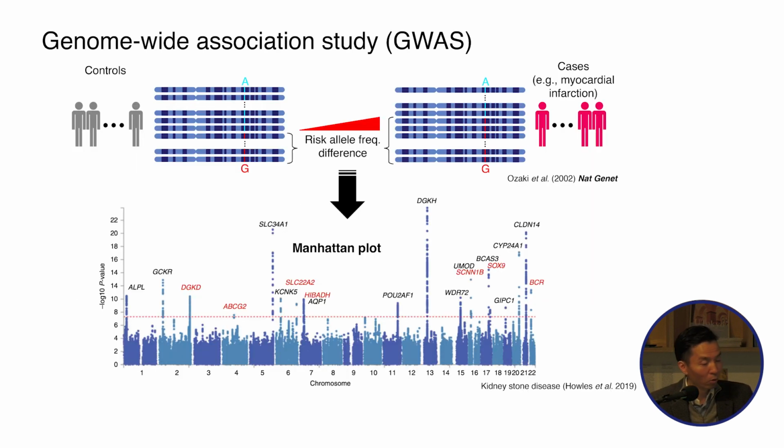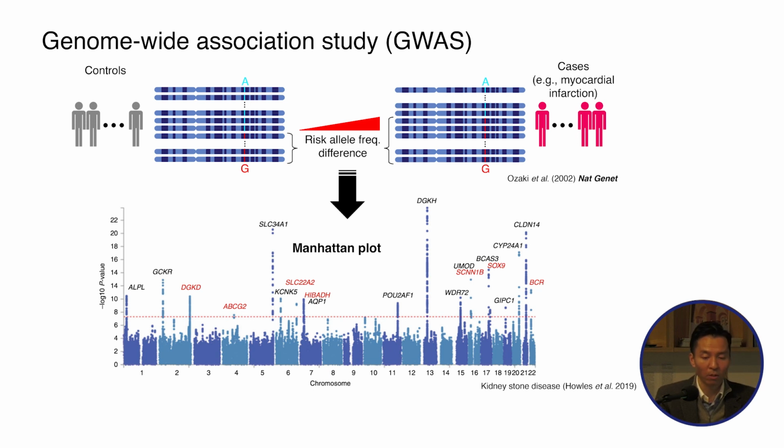To use those SNPs, in 2002, a Japanese research group invented a very strong epidemiological approach called Genome Association Study, or GWAS, to map genetic determinants of diseases on our genome. In GWAS, we collect many samples, both from healthy controls and disease cases, for example, myocardial infarction studied in 2002. Then we look at the risk allele frequency difference at the SNP locus.